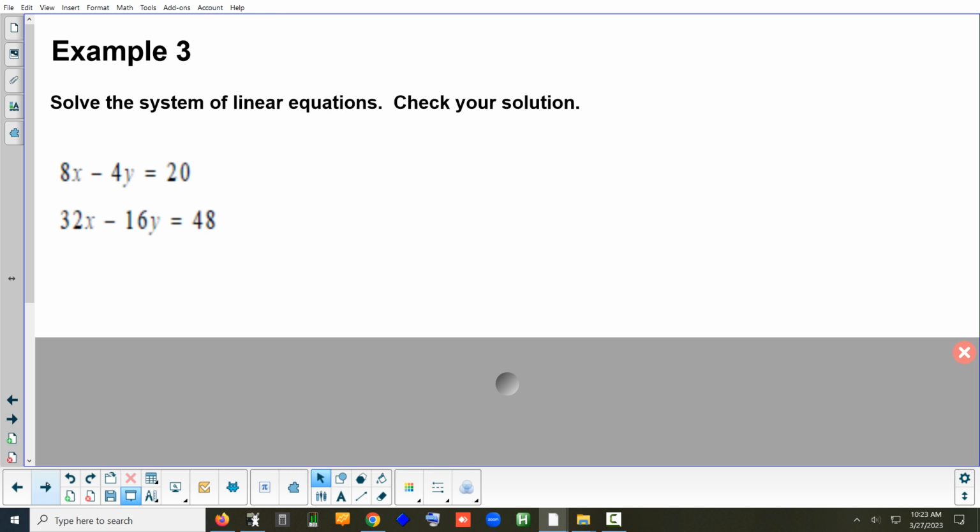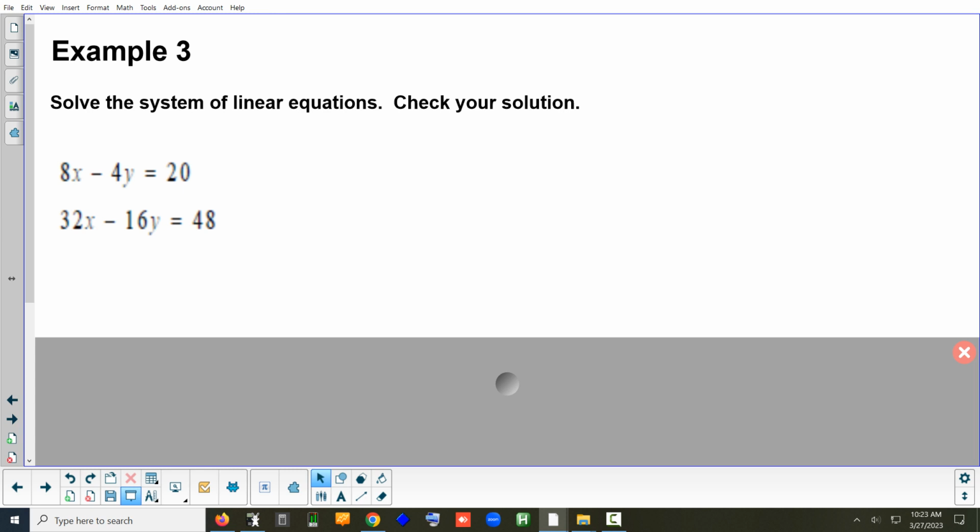So then what we want to do is look at the smaller number and see if we can multiply it by something to make it the opposite of the bigger number without using fractions. Can we multiply 8 by something to get 32? If we can, then we're going to focus on that. Yes, 4, so yes, we can.